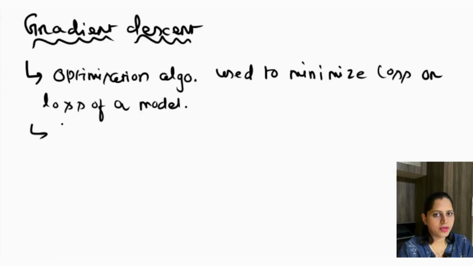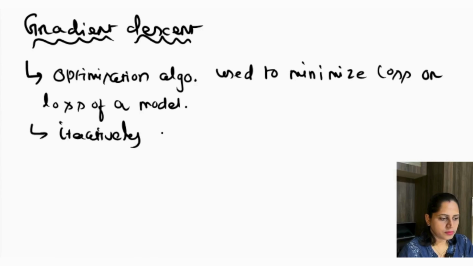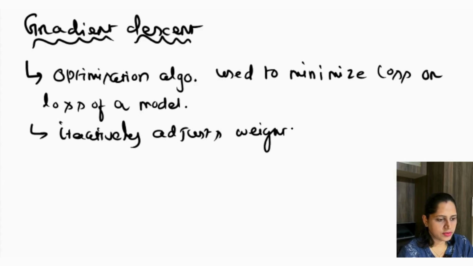So during that phase, from output to input, it iteratively adjusts weights and bias. We only have two components, weights and bias, so it does that.